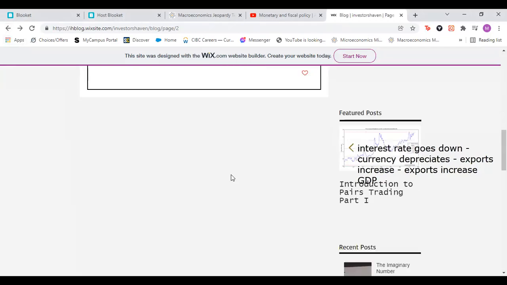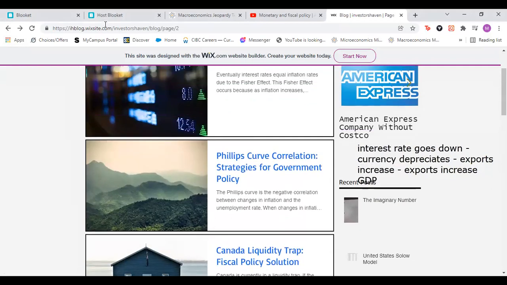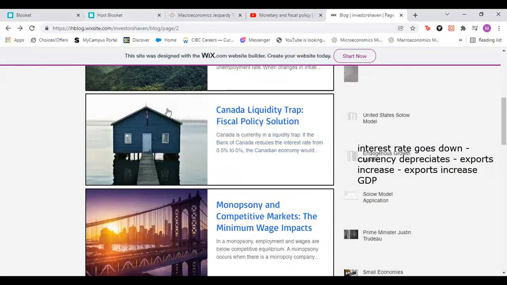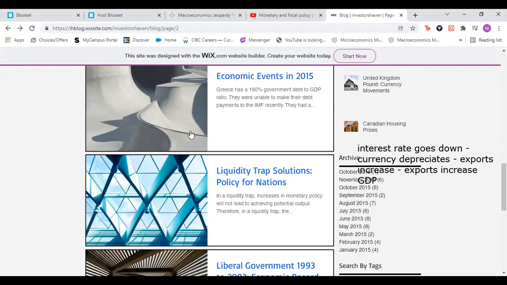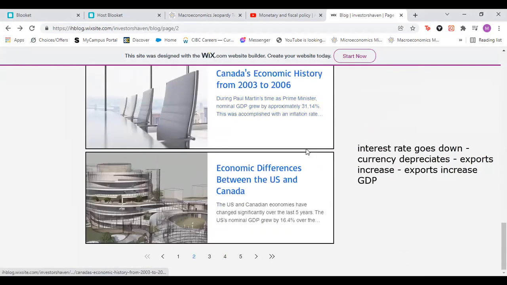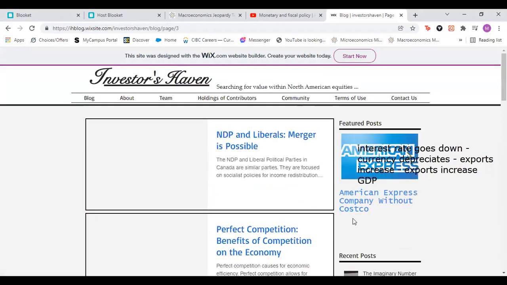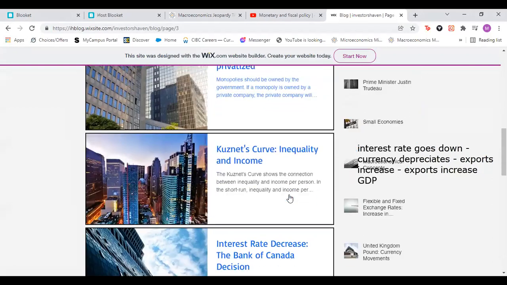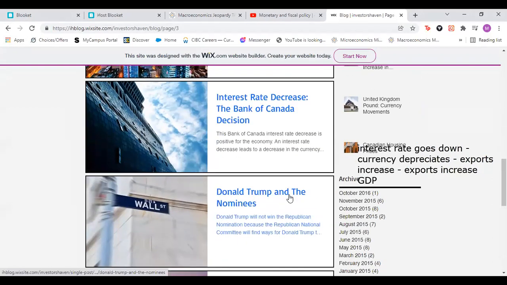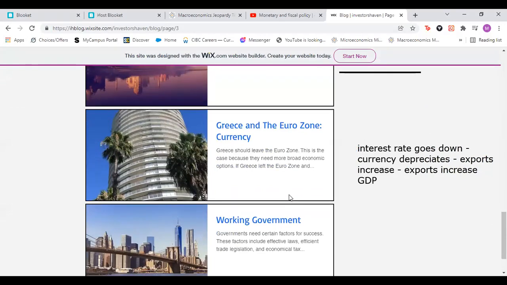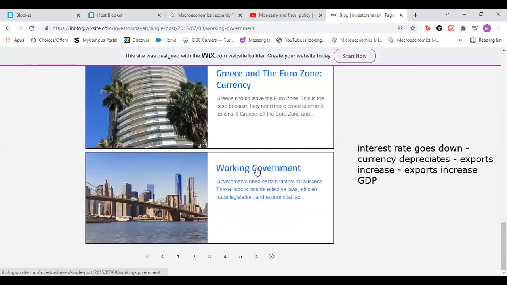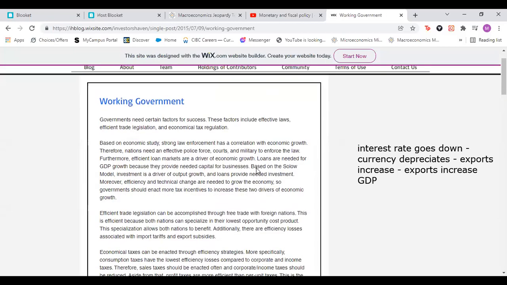I wrote this blog when I was in university. Most of it is economics, a lot of macro and microeconomics. In one article I wrote, governments can increase economic growth through strong law enforcement and improved courts, improved military, and efficient loan markets.